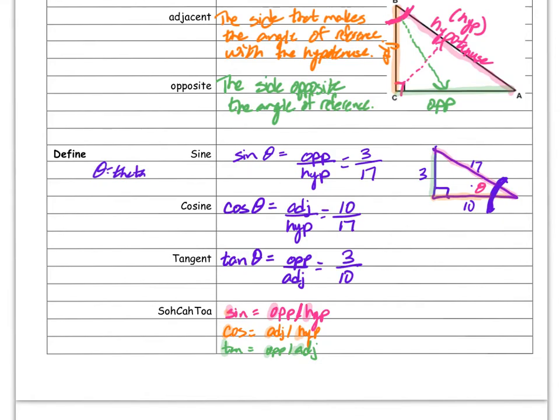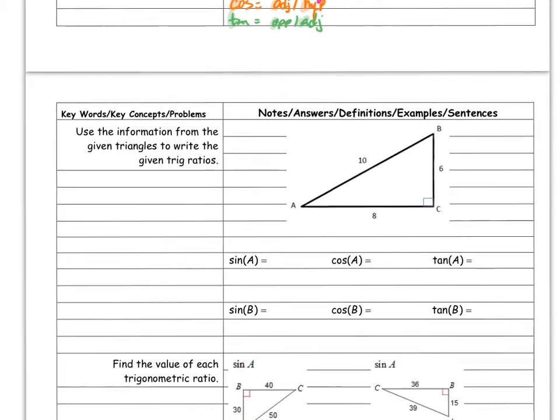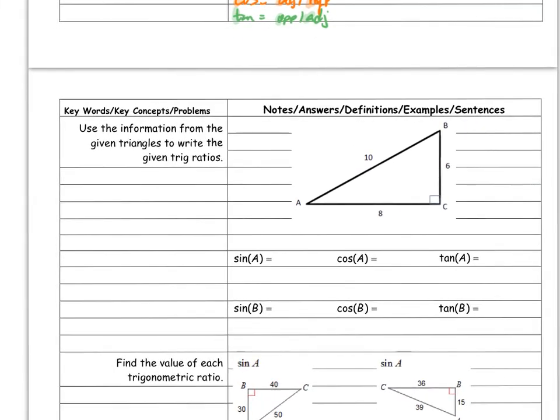So we're going to go ahead and go on, and we're just going to find some of this. It says, use the information from the given triangles to write the given trig ratios. So it tells me which angle I want to look at. So it says sine of A. So I'm going to mark A. That's the first angle I'm going to look at.